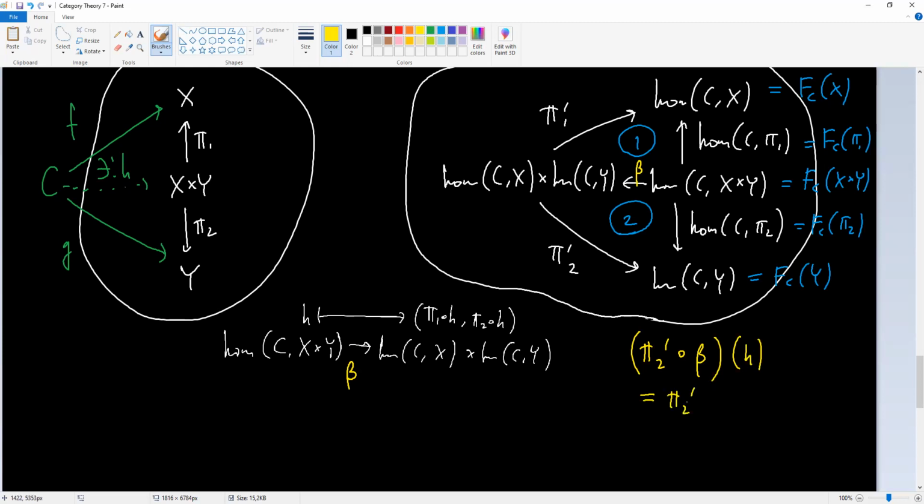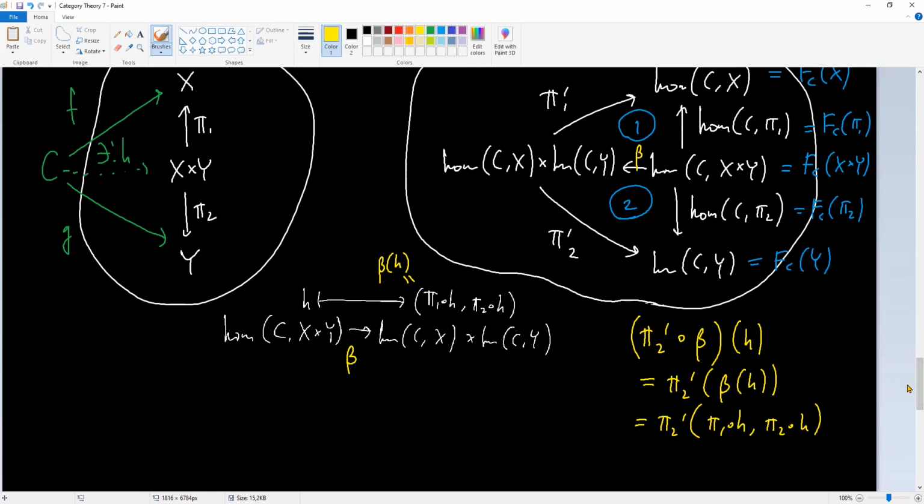Okay, so it's going to be pi 2 prime of beta h, right? Just the definition of composition of functions. What is beta h? Beta h is this thing. So it's pi 2 prime of (pi 1 composed with h, pi 2 composed with h).